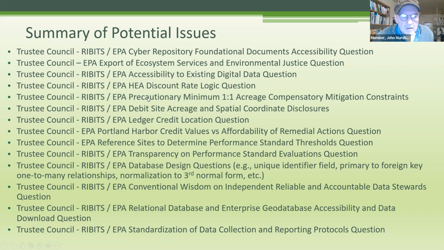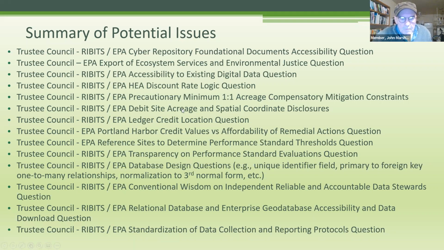I would really like to have a definite yes, we will hold this precautionary minimum to 1-to-1 acreage, and we will make that verifiable by putting the acreage next to the credits and debits as each of those transactions occur in the ledger, so you can have confidence that that's the case.